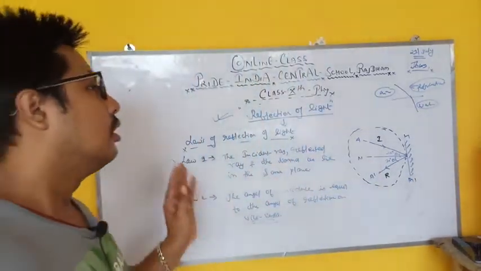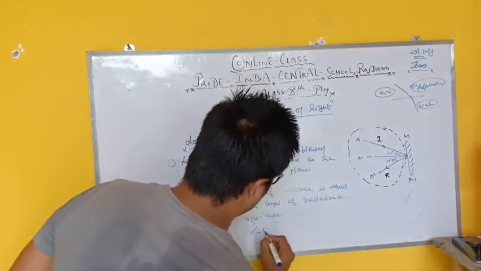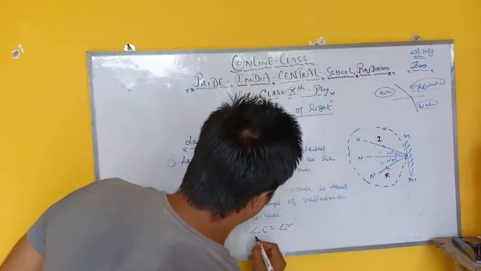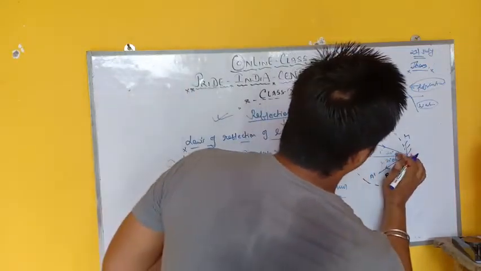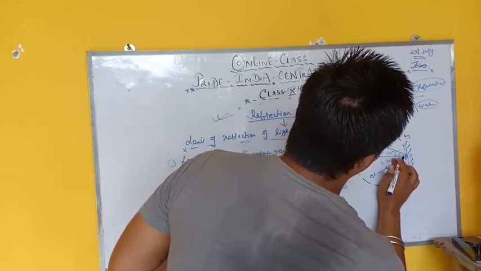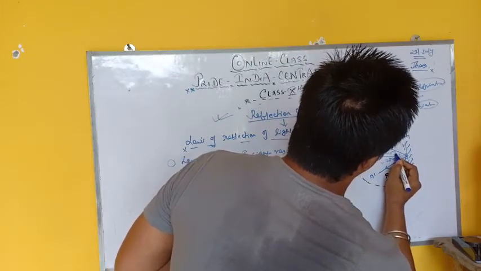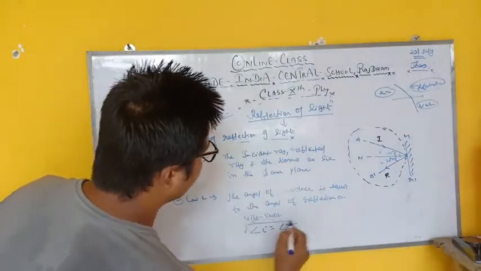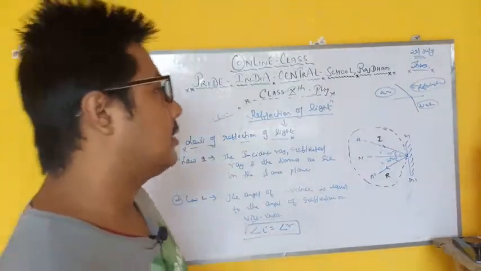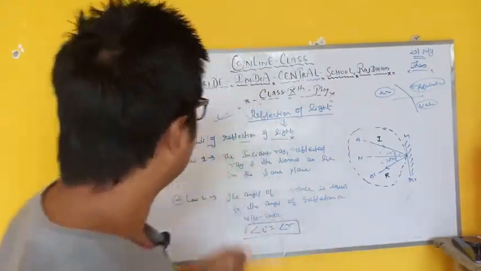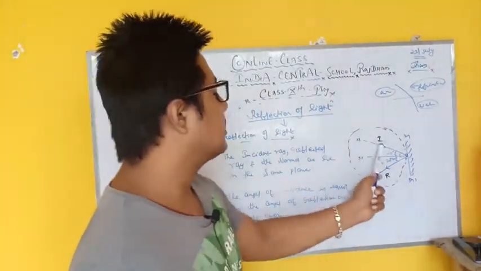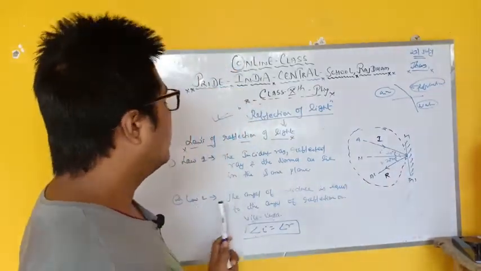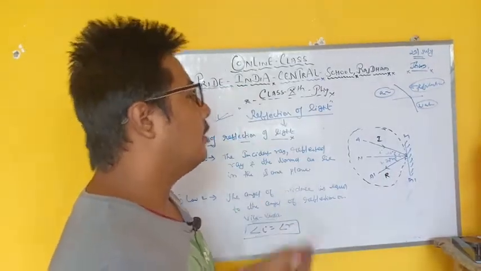So these are the two laws of reflection, where we also say it as angle I is equal to angle R. This is I, this is R. So these are the two laws of reflection which you need to remember. The first one is that the incident ray, the reflected ray and the normal all lie in the same plane. And law number 2, the angle of incidence is equal to the angle of reflection.